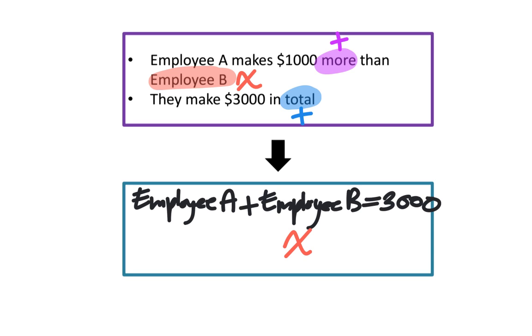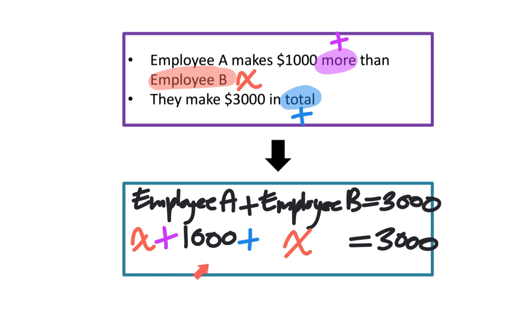Since employee A makes $1,000 more than employee B, we can say x plus 1,000. This addition sign is going to stay the same, and this equal 3,000 is going to stay the same as well. Therefore, the final equation is x plus 1,000 plus x is equal to 3,000.